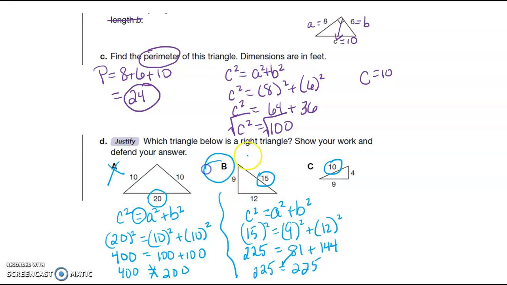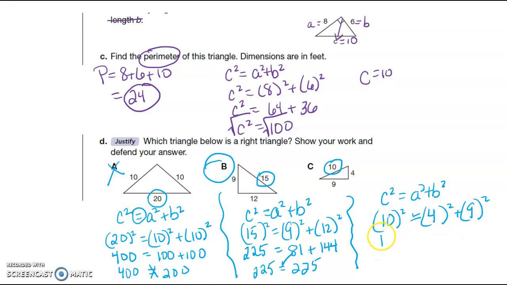This is a right triangle. And then we're going to check C here. C squared is equal to A squared plus B squared. 10 squared is equal to 4 squared plus 9 squared. 100 is equal to 4 times 4 is 16 plus 9 times 9 is 81. 16 plus 81 is 97. This is not a right triangle.